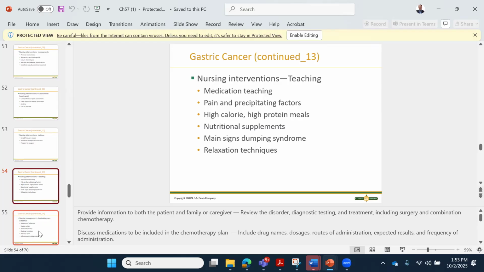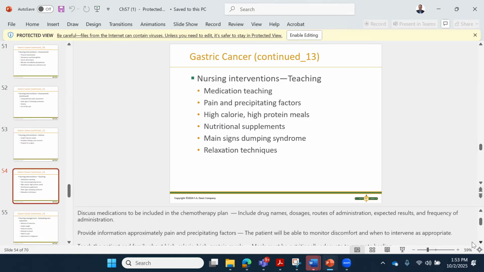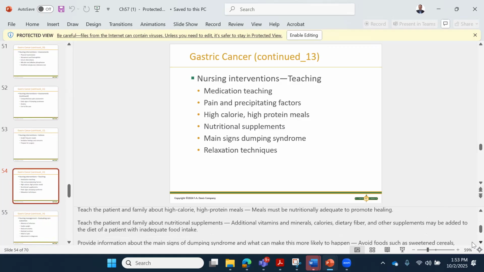They go into some additional teaching as it relates to medications, and what types of foods to ingest. You would expect these patients to take in high calorie, high protein diets. A lot of these patients are going to need nutritional supplements, and a lot of these patients are going to need to be guided by a nutritionist.